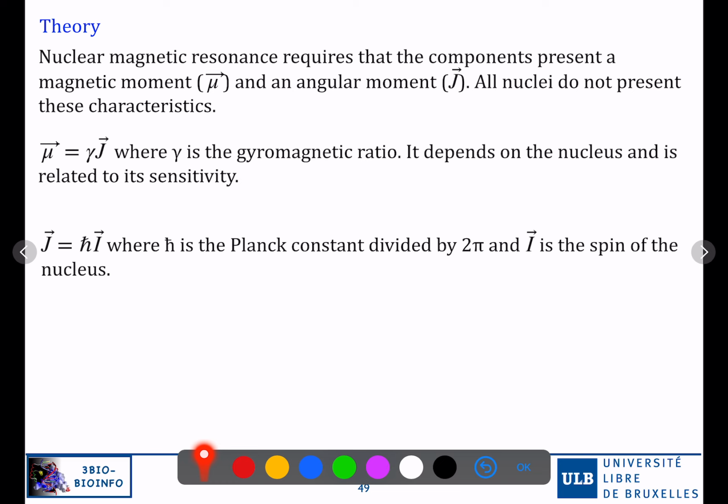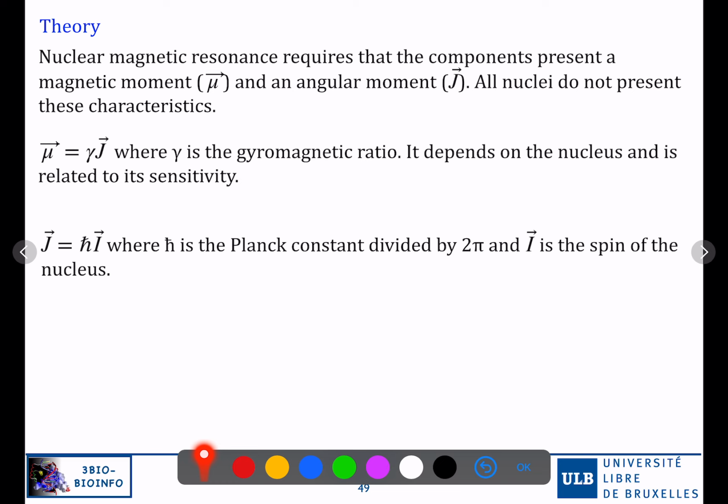You have a first equation that makes a relationship between the magnetic moment mu and the angular moment J. You see that mu is equal to gamma times J, and gamma is the gyromagnetic ratio. It's a quantity that depends on the nucleus, and it's related to its sensitivity to the magnetic field.